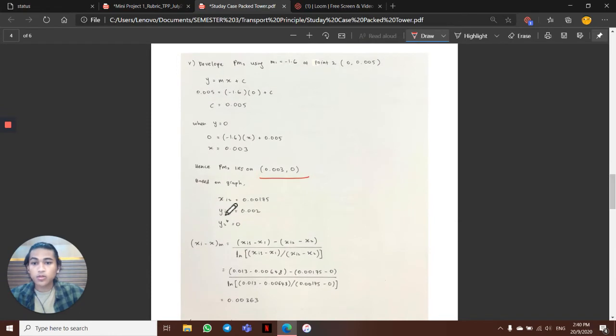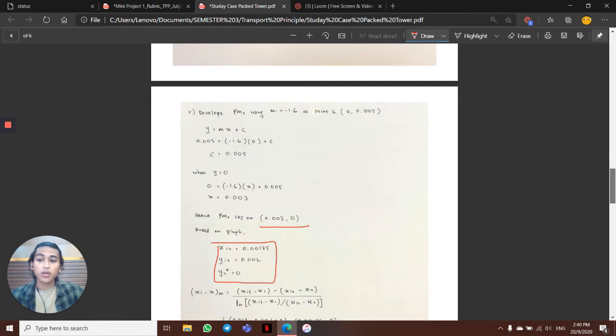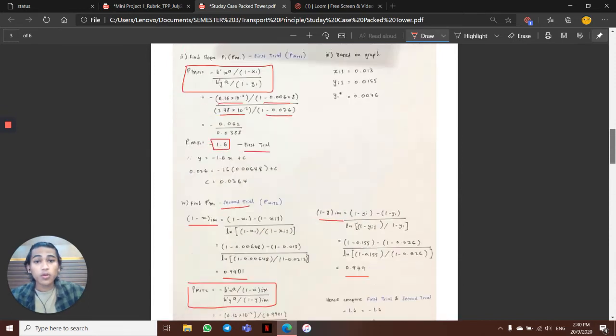Okay, so based on the graph, we can find xi1, yi1, and y1 star, because just now we have the gradient PM1.